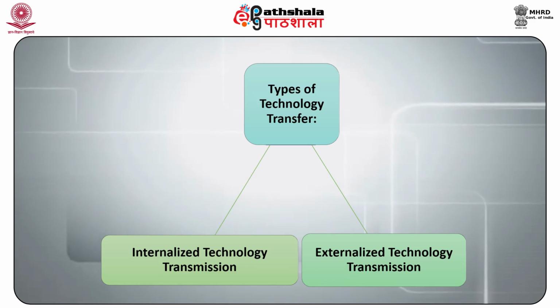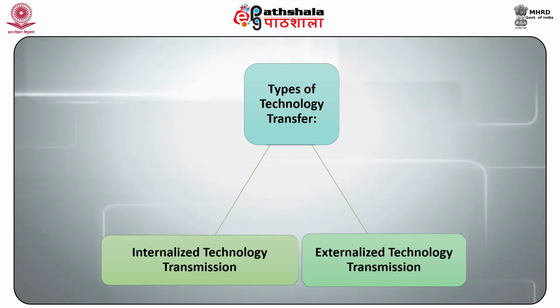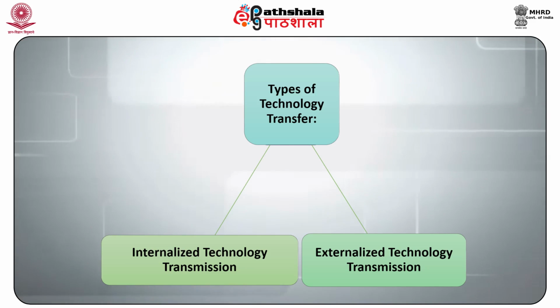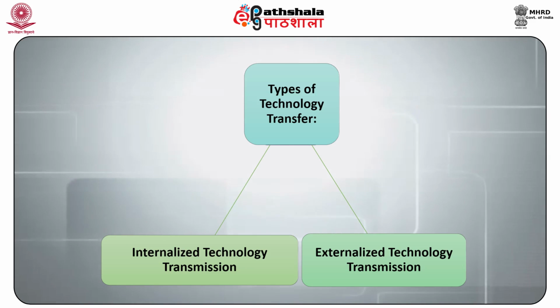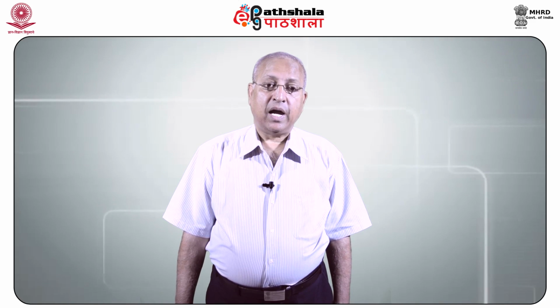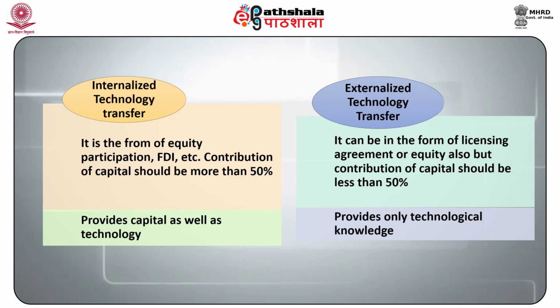The types of technology transfer. Broadly, transmission of technology can be in two forms: internalized technology transmission and externalized technology transmission. We shall now be looking at the differences between the two.